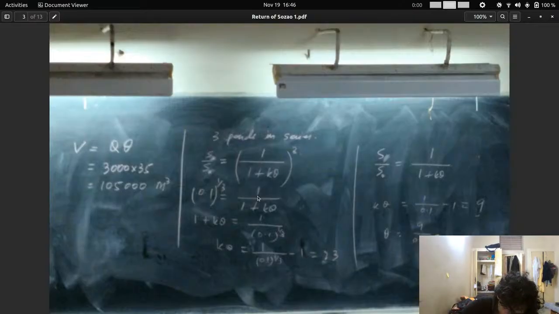So for a single bond, Q and S naught goes in, and Q and S comes out.